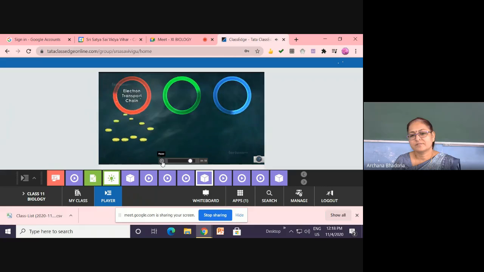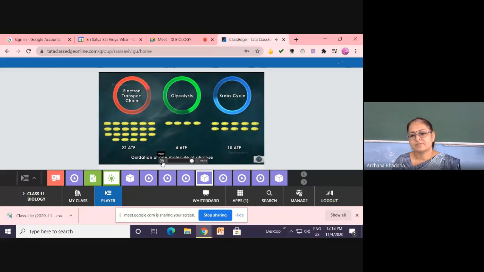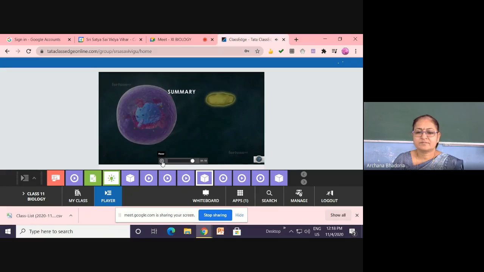The electron transport chain will yield 22 ATP molecules, adding to the 4 ATP from glycolysis and the 10 from Krebs cycle. Overall, during aerobic respiration, the complete oxidation of 1 molecule of glucose will produce 36 ATP. Summary.